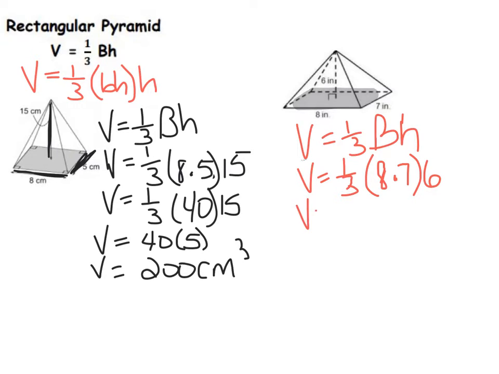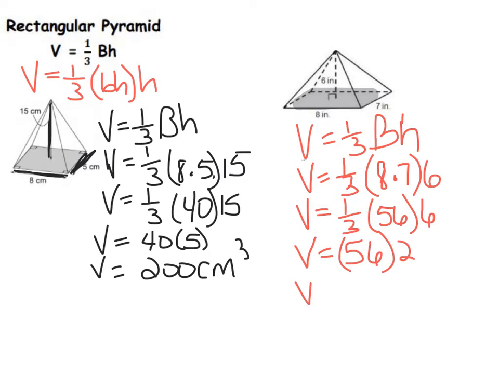Okay, so volume equals 1/3. 8 times 7 is 56. And times 6. So I could get 1/3 of what number? 6. So that's going to be what? 2. So 56 times 2 is going to give you 112.